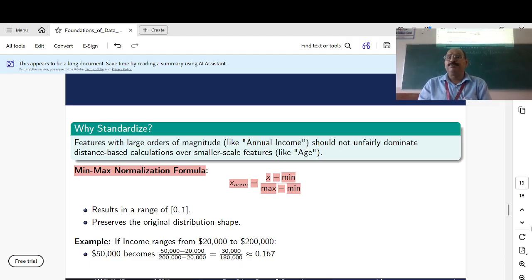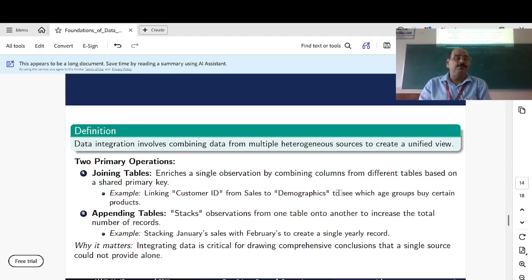Shall I go to the next, because we are running short of time. What is meant by data integration? Definition: data integration involves combining data from multiple heterogeneous sources to create a unified view.